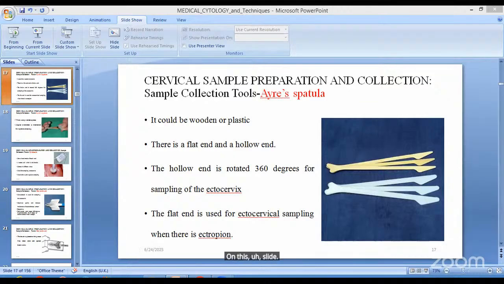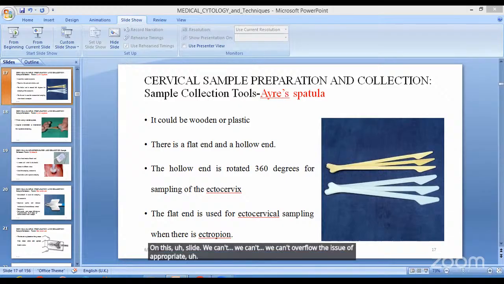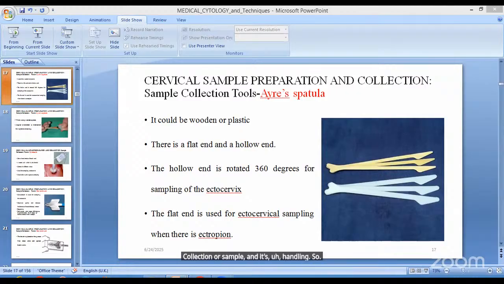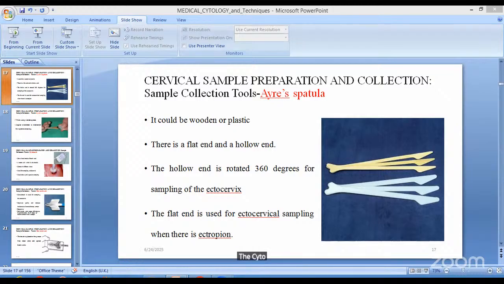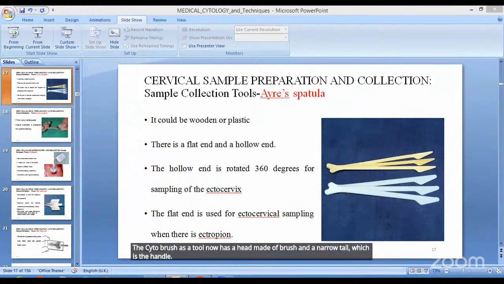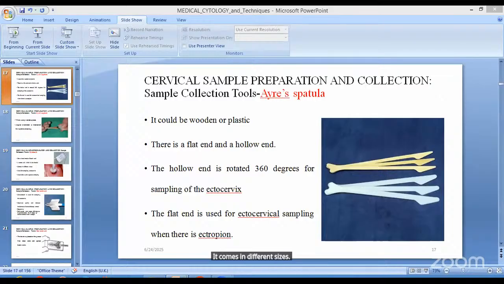We can't overflog the issue of appropriate collection of sample and its handling. So I'm going to take my time to talk about these tools and sampling. The Cyto brush as a tool has a head made of brush and a narrow tail, which is the handle. It comes in different sizes, and it is used for sampling the endocervix.